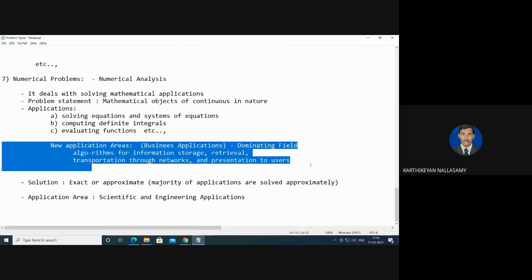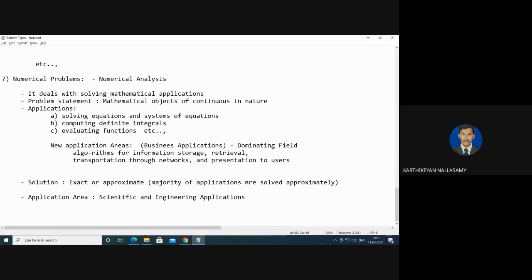Nowadays they are considered as coming under numerical problems. But for numerical problems, in most cases we are looking only for an approximate solution because of round-off error. The major application area for numerical problems is scientific and engineering applications.